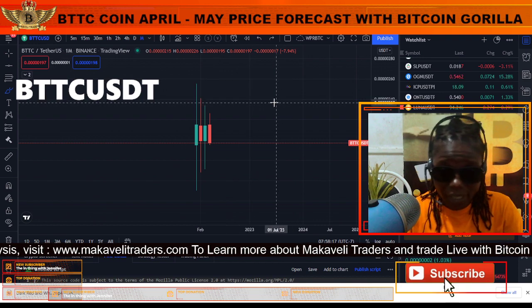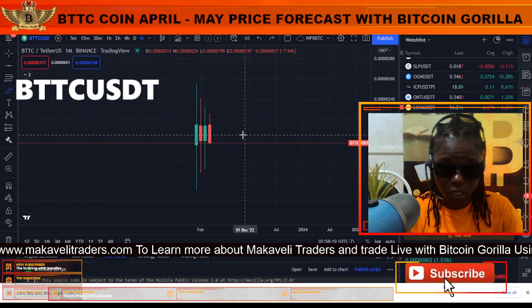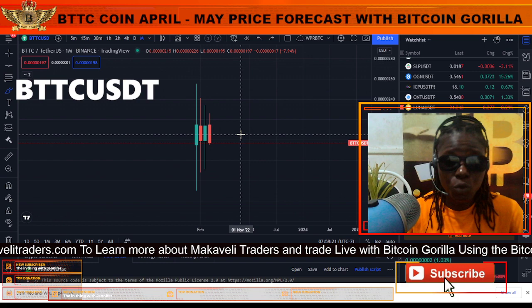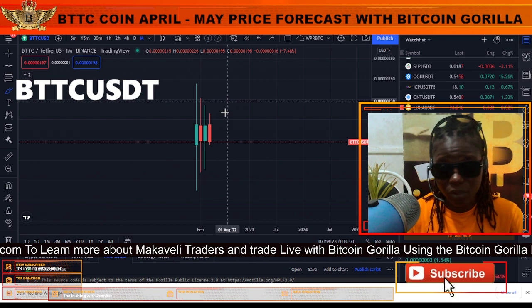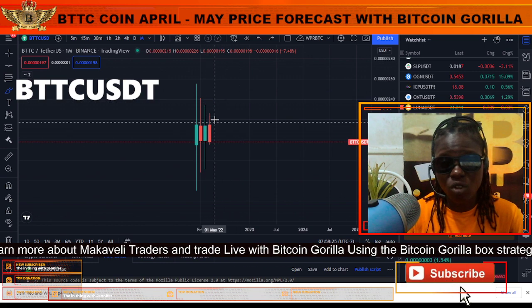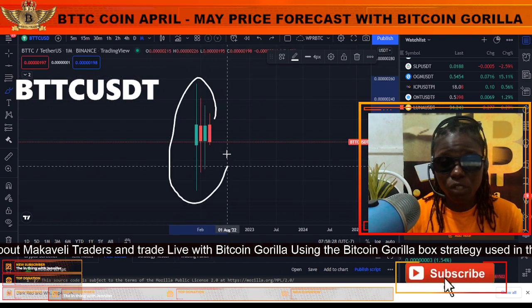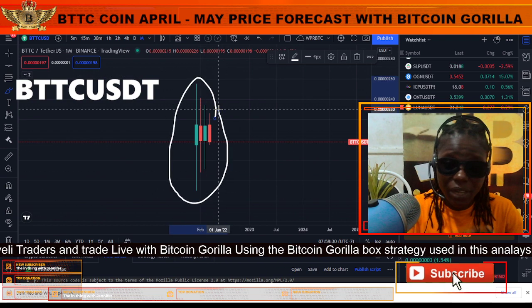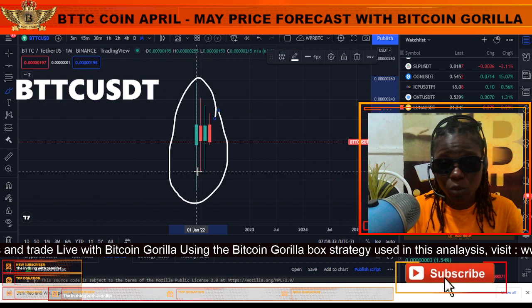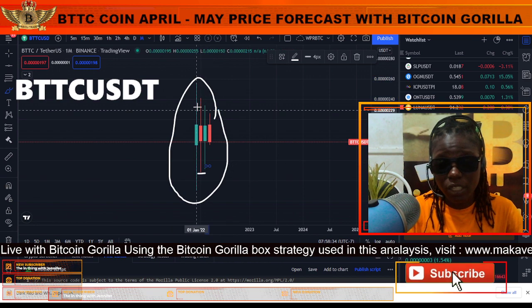So the monthly right here is going to need a lot of patience. If you're on a monthly chart, I don't want you to get moved easily by this movement, because the market is stuck in a range. It's kind of like putting something in a container and you keep pressing. The new candle becomes smaller and each one is being contained.